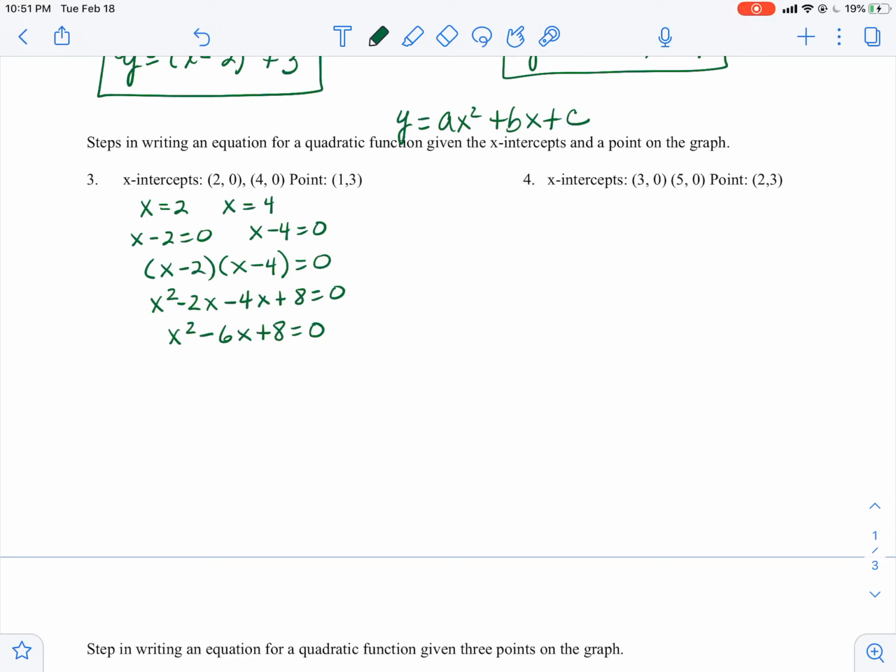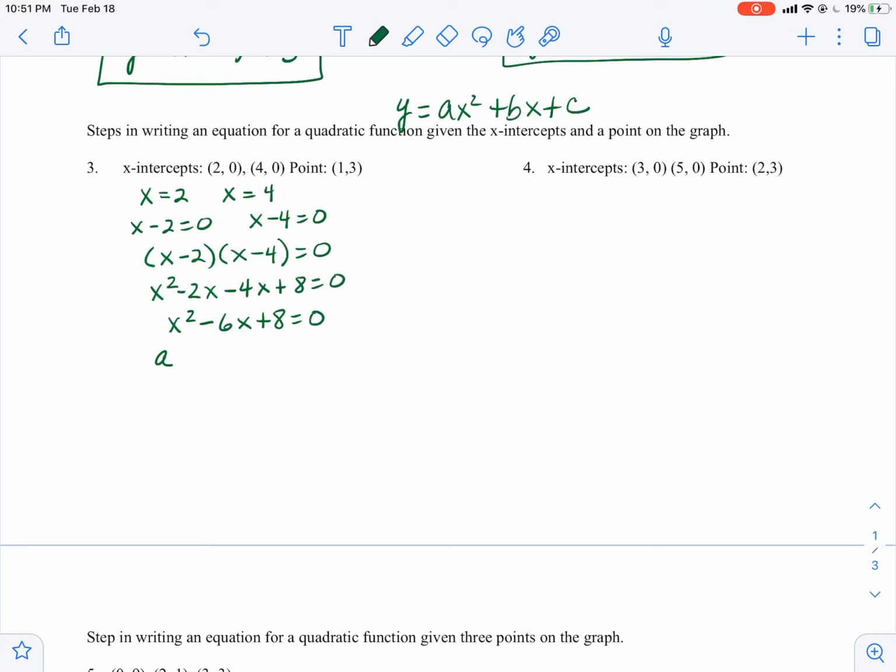But again, just because I have this factored does not mean that at some point I could not have taken out a common factor in the problem. And we also know that since we're looking for our equation, this is y. So this is what I have.